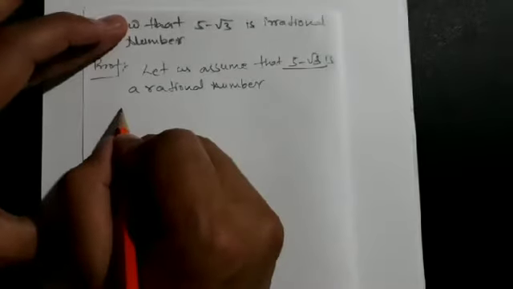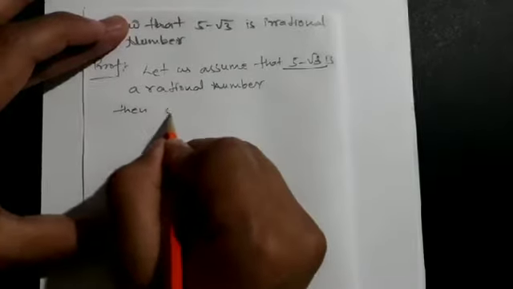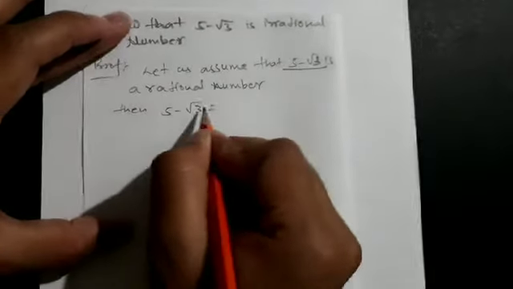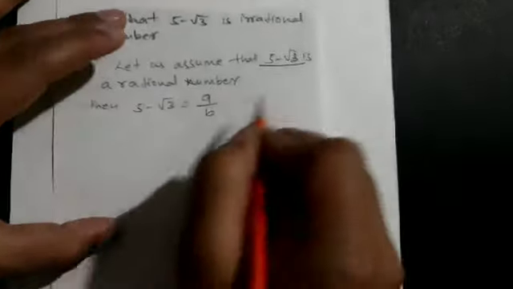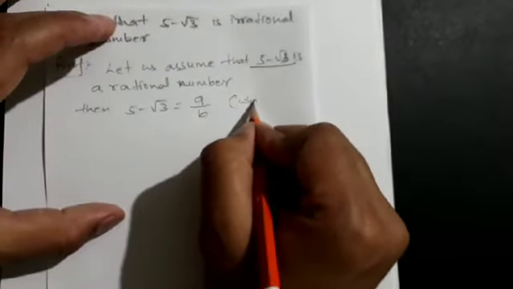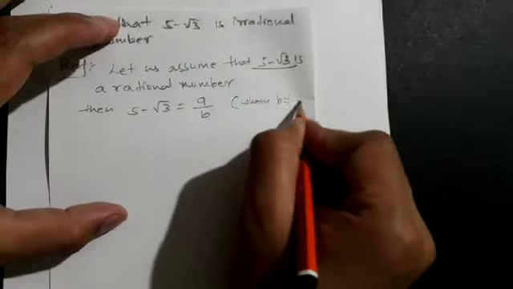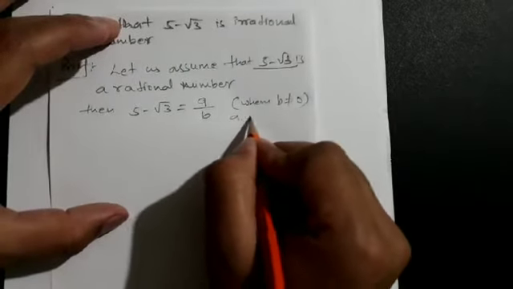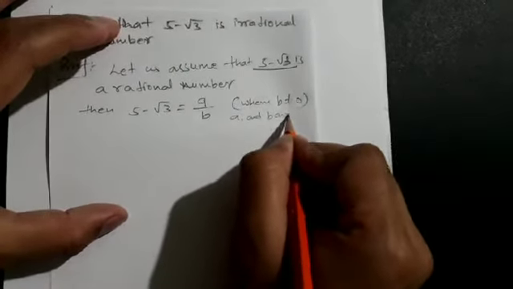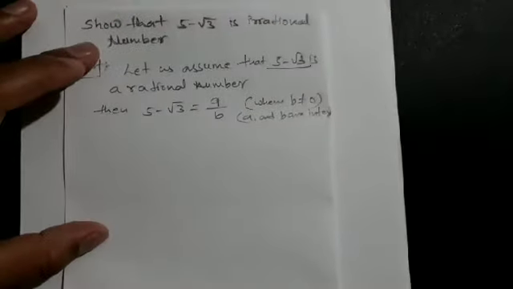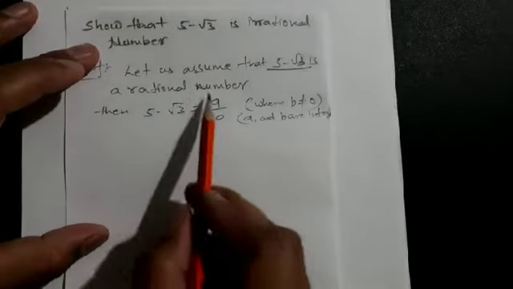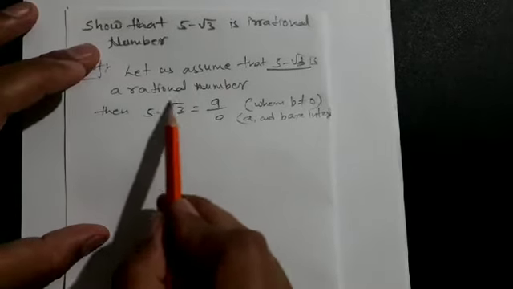So 5 minus root 3 can be written as a by b, meaning numerator upon denominator, where b is not equal to 0, and a and b are integers. Clear, children?